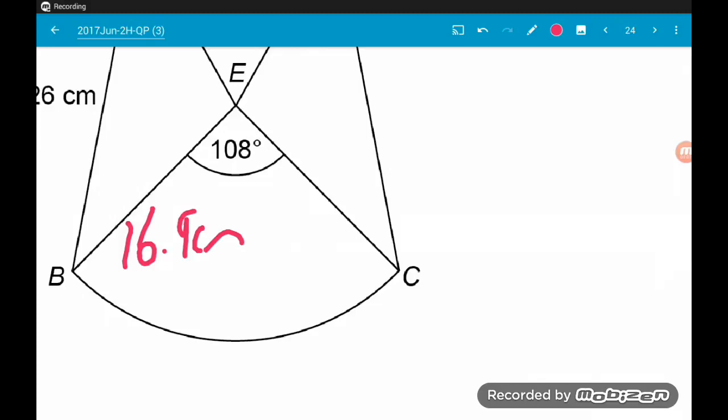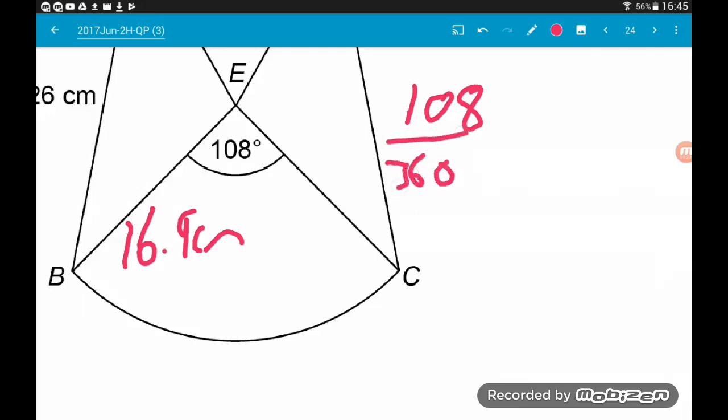Okay, so to work out the area of a sector, we first of all need to know what fraction of the circle we have. So angles around a point add up to 360. So in a normal circle at the centre, there's 360 degrees. Here we've got 108, so 108/360ths, which simplifies to 3/10. So if we then work out the area of the circle, we then want to find 3/10 of it.